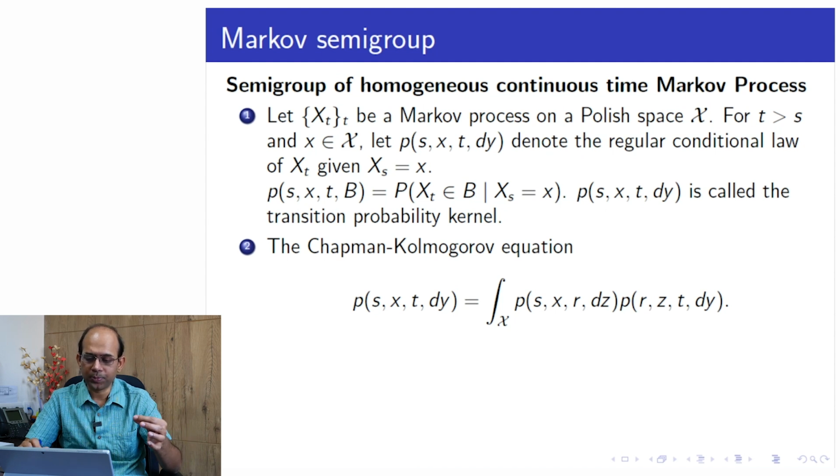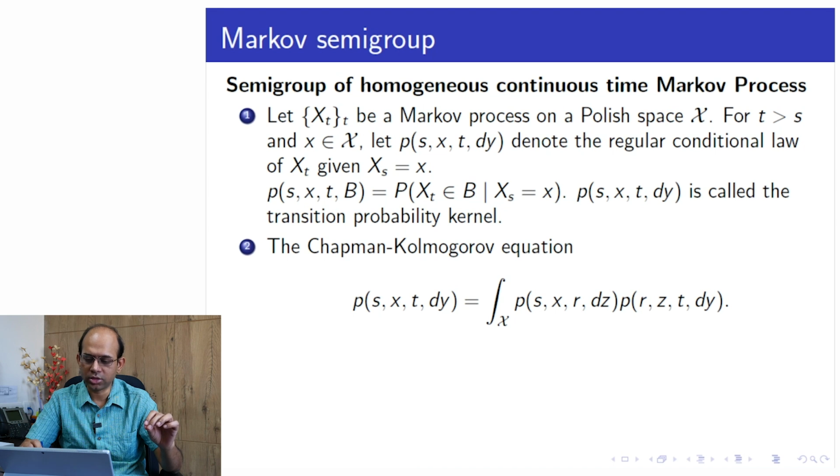The second factor is the probability distribution of the Markov chain at time t given its location at time r is z.